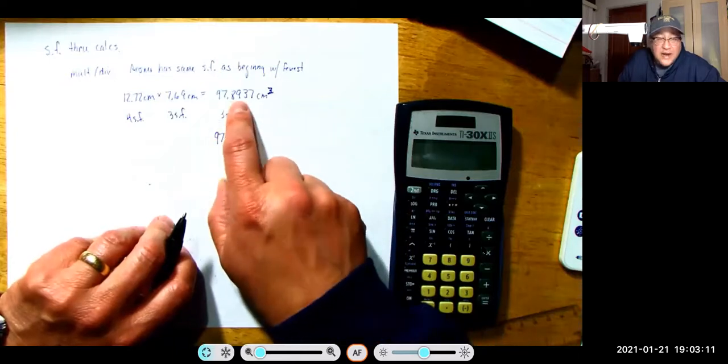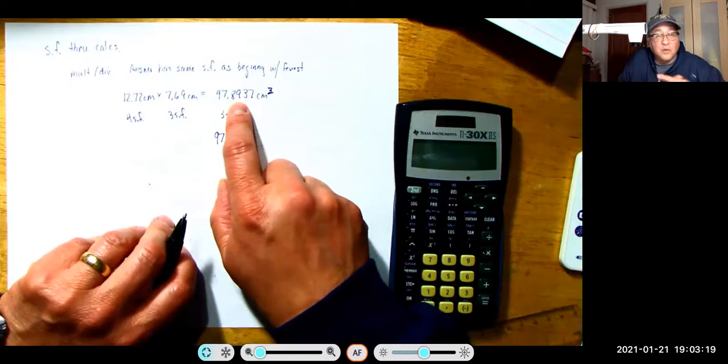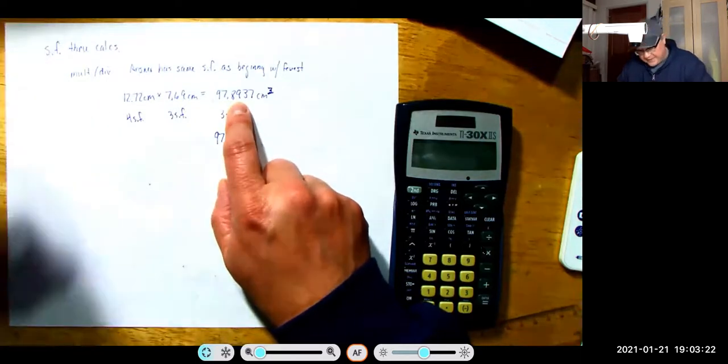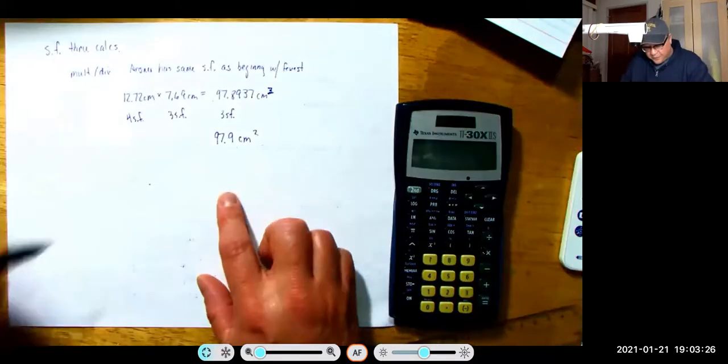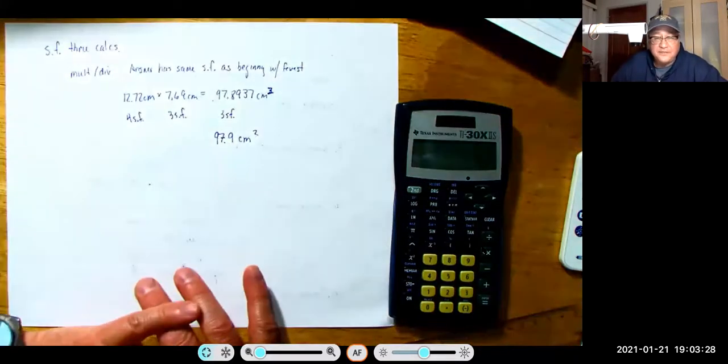If that number to the right is a 5 or greater, you round up. If it is a 4 or less, you round down. Next to the 8, we have a 9, so I'm going to round the 8 up to 9. And that's the correct answer with the correct number of significant figures.